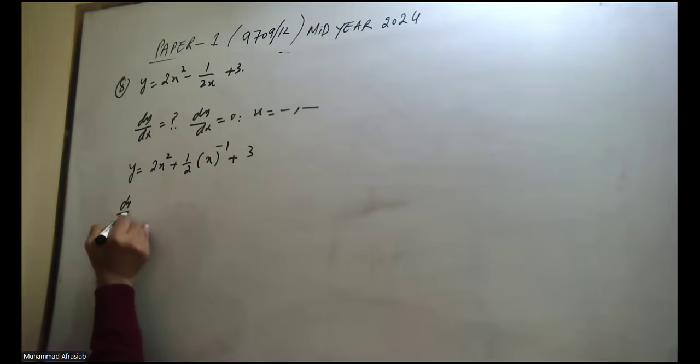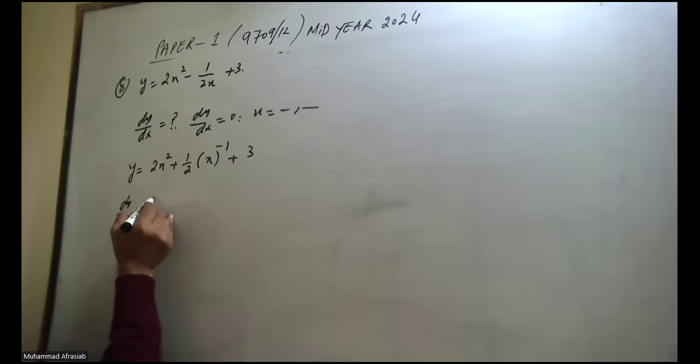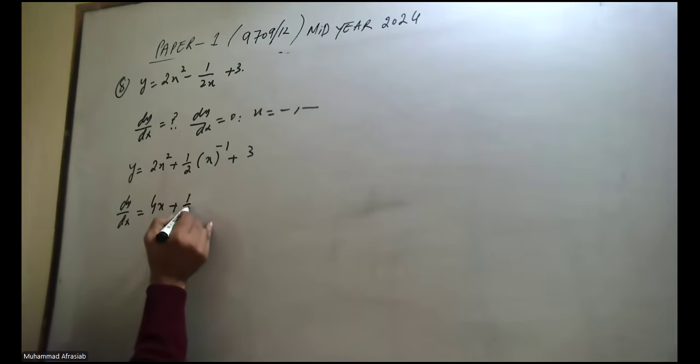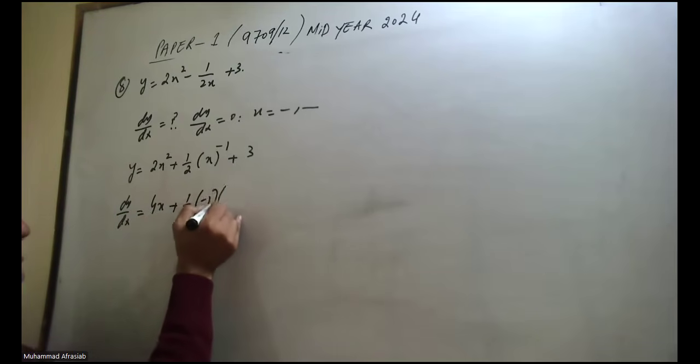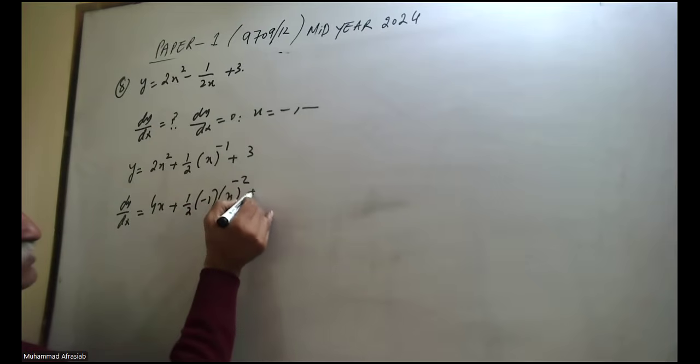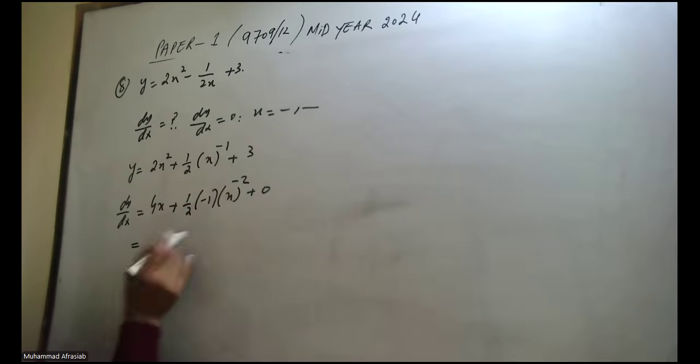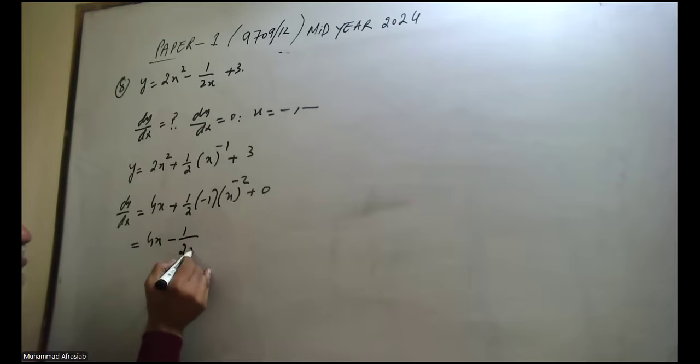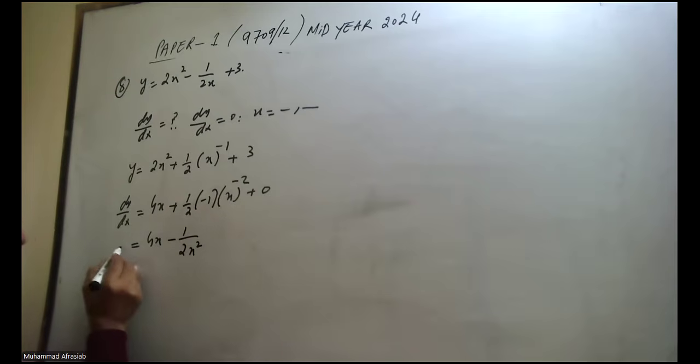So dy by dx is equal to 4x plus half into minus 1 x to the power minus 2. That is equal to 4x minus 1 over 2x squared, that is dy by dx.